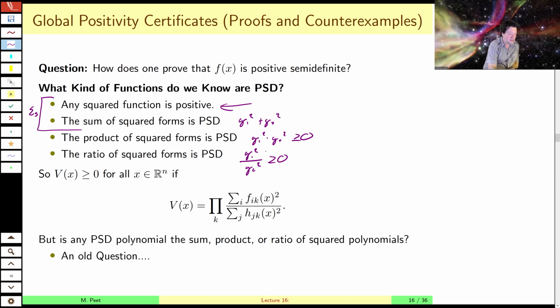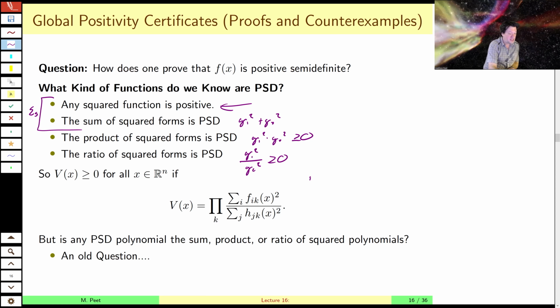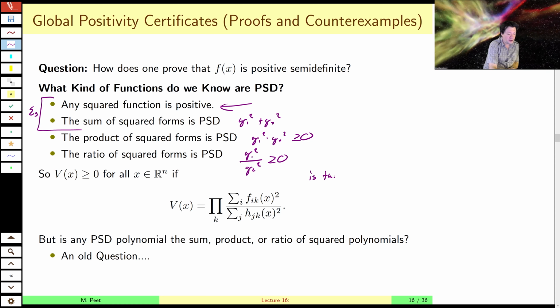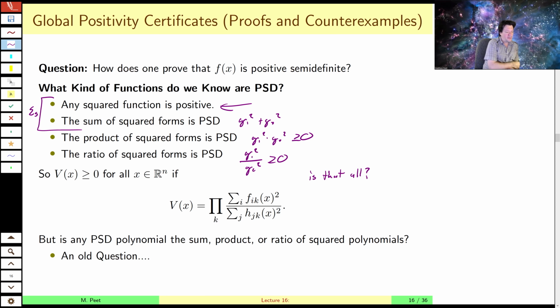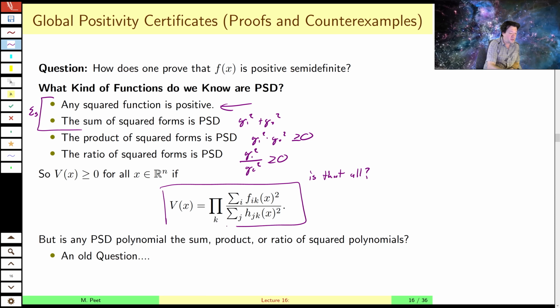Maybe is this it? We have 4 ways now of proving polynomials are positive. Is that all? Are there other ways you can think of that aren't just combinations of these? So in general, one way of searching for positive polynomials, which combines all of these, is to search for products of ratios of sums of squares of polynomials.